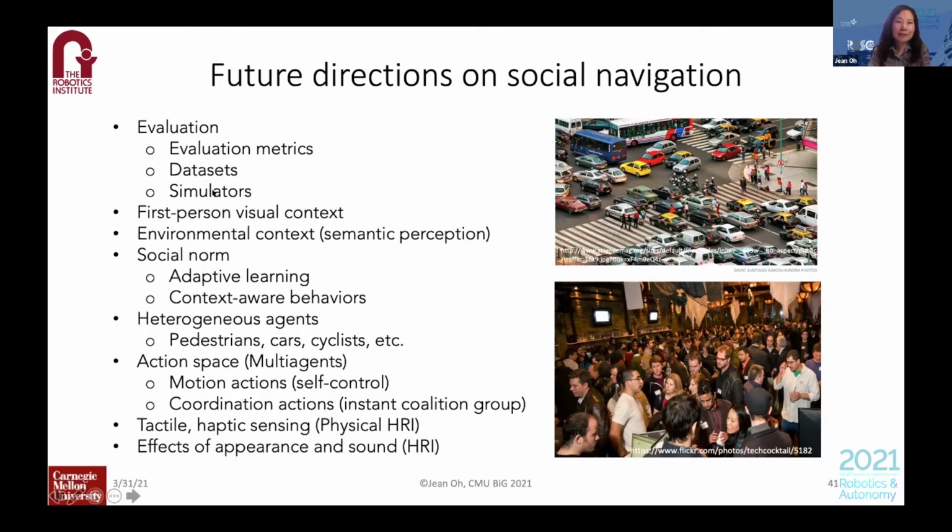But we actually came up with some ideas about how we can leverage simulation for social navigation. That's a current research that we are working on. It was inspired by this pandemic, because we planned to have human experiments last year but couldn't do it, so we switched to simulation.